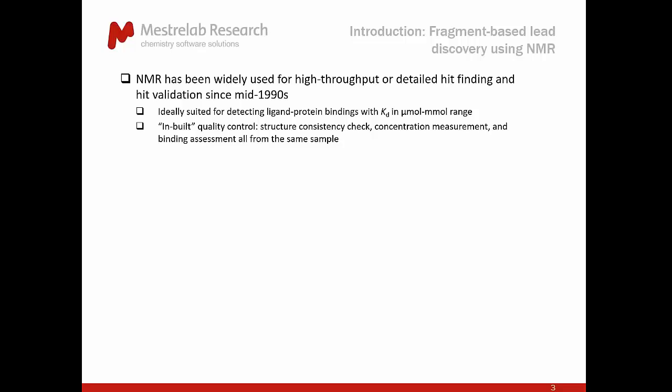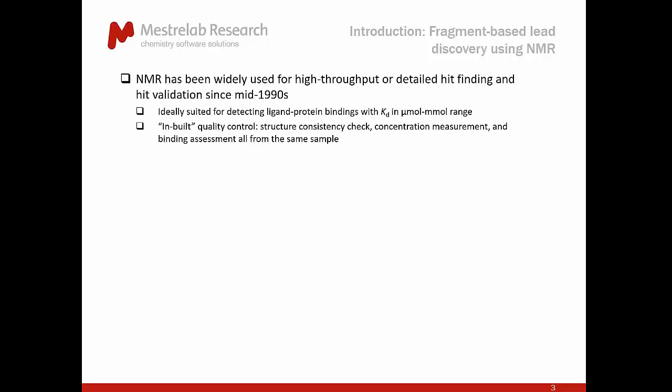As we all know, fragment-based lead discovery using NMR has been a widely used method for either high throughput or detailed hit finding and hit validation since quite a long time ago.